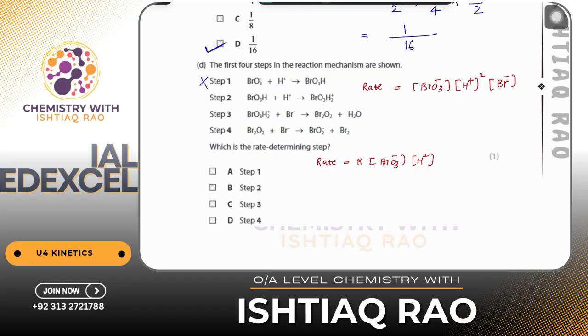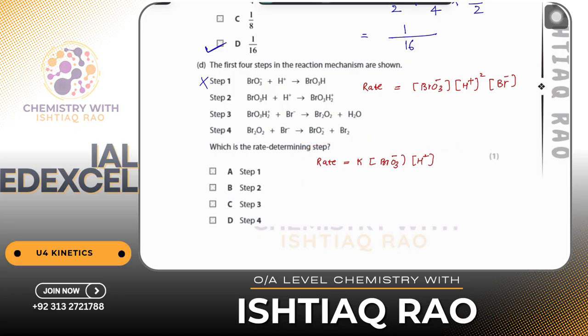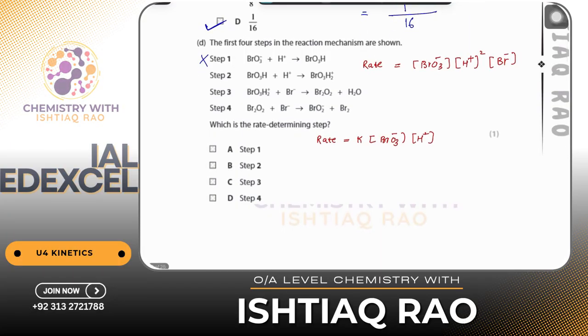Now I'm going to think that step 2 is supposed to be the rate determining step. I'm supposed to write down the rate equation. So rate is equal to K into BrO3H into H plus, but BrO3H is the product of this one, so it depends on this one and this one.